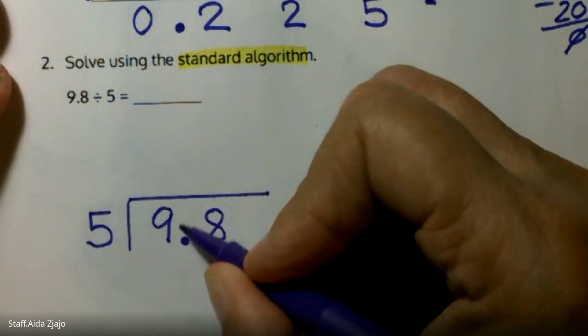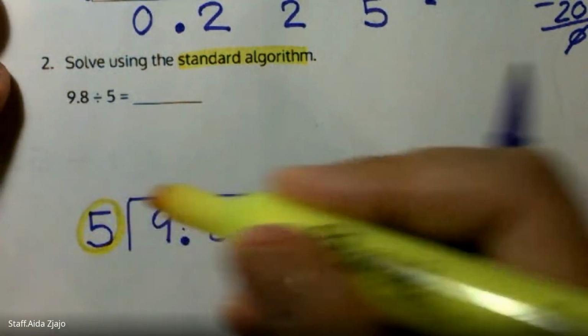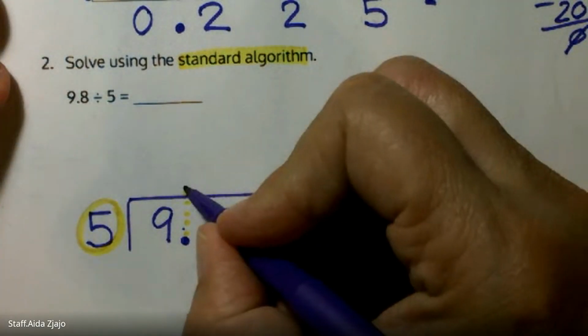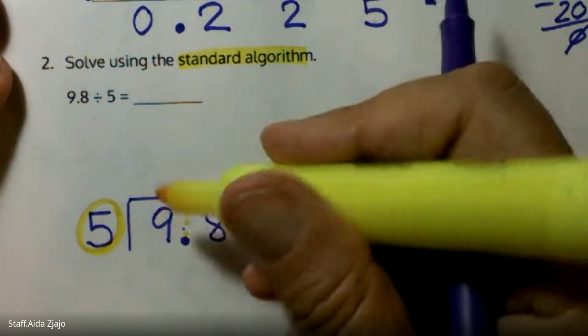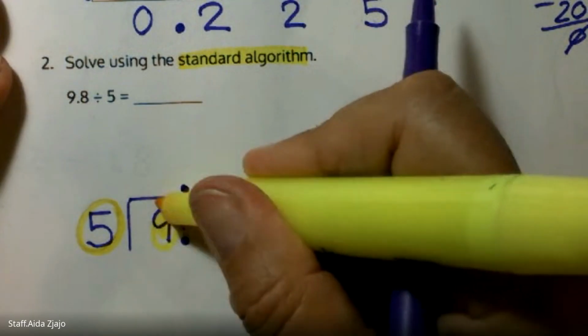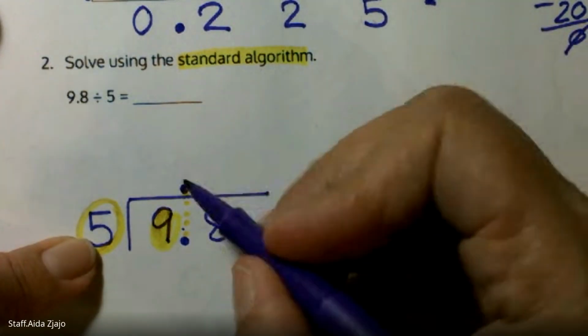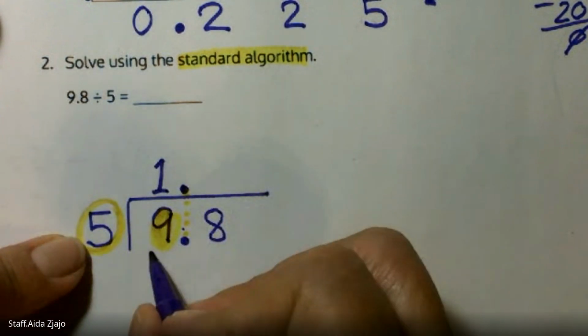Because the group is 5 and it's a whole number, my decimal is going to appear right above where it is. So I'm going to go one number at a time. If I have 9, how many groups of 5 can I make? Only one group, because 1 times 5 is 5.